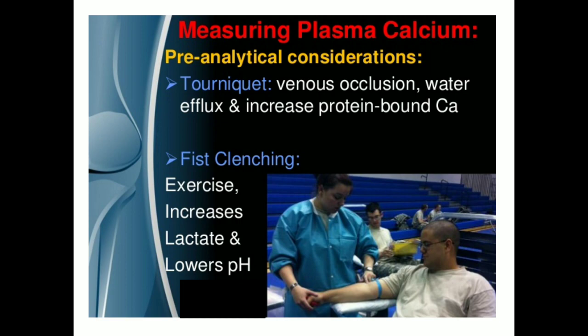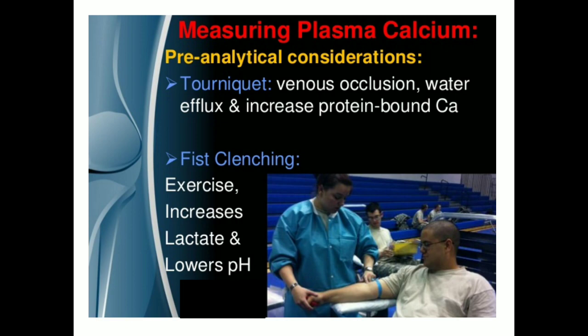And then fist clenching is another thing. You tell the patient to make a fist so that there is more venous engorgement and you can easily collect the blood, but never do that with respect to calcium, because whenever you cause fist clenching, there is muscular exercise, muscular contraction, and that will increase the lactate level in the blood and that will lower the pH.